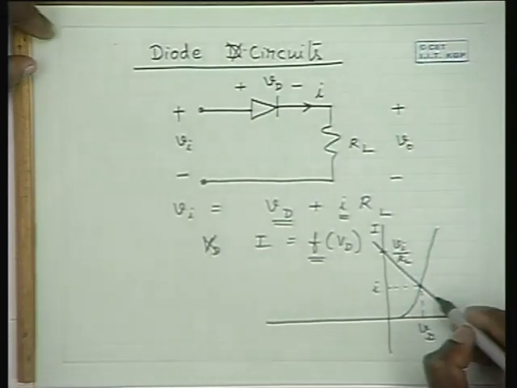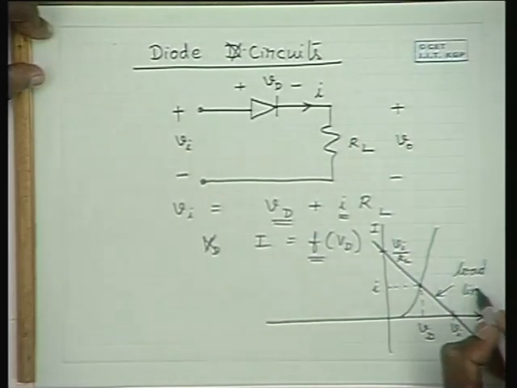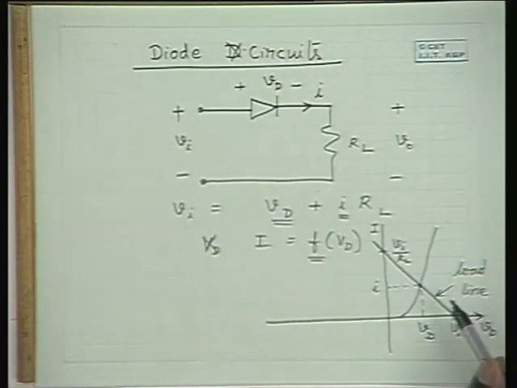This line is known as the load line because it depends on RL. The slope of this line is minus 1 by RL. It depends on the load resistance, therefore it is known as the load line, and this can be used to determine the operating point.